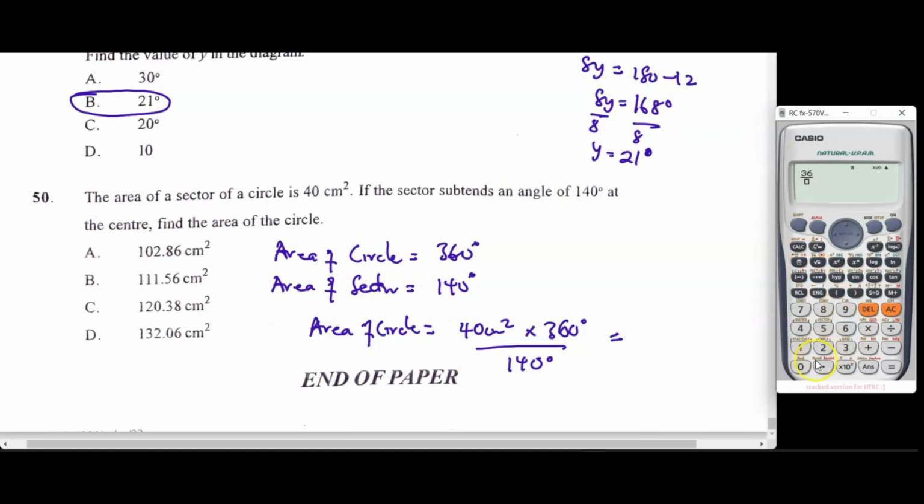That is a fraction: 360 multiplying 40, divided by 140, and that is an answer of 720 over 7, which in decimals is 102.857.